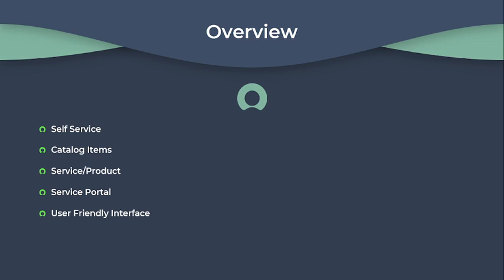The service portal serves as the primary interface for users to interact with the service catalog and other ServiceNow features. It provides a user-friendly and customizable web interface that allows users to access catalog items, submit service requests, track the status of their requests, and find relevant information or resources.